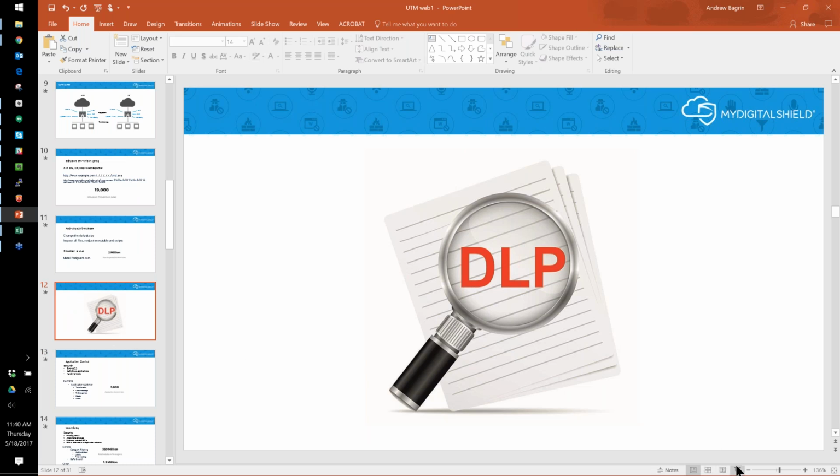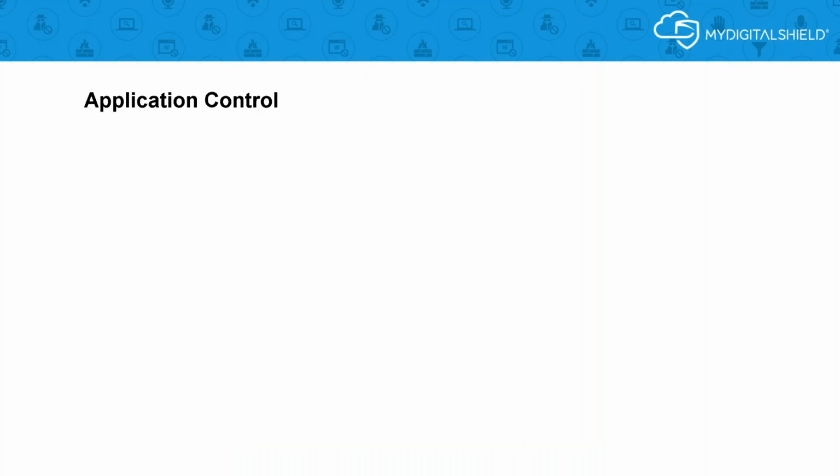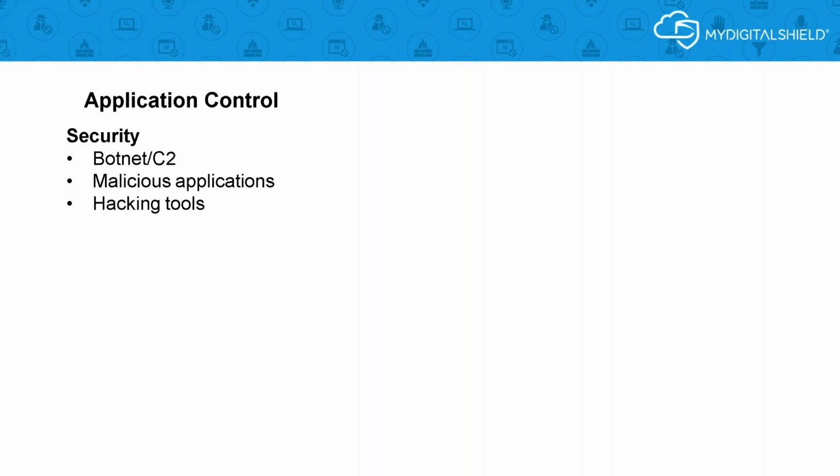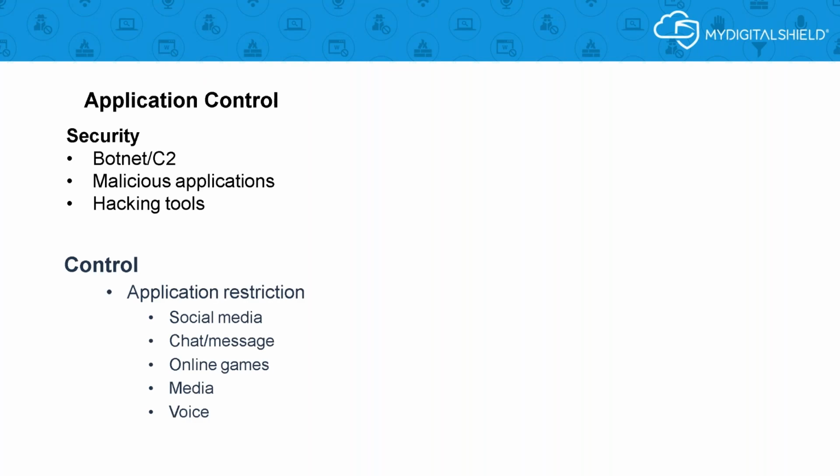So, going on, application control. Application control, again, think of this as that fence, right? You have a degree of control, and usually when people think about application control, they think about the second part of, hey, I want to prevent people from using Facebook, online games, using certain types of applications. That's true, that's what it's for.